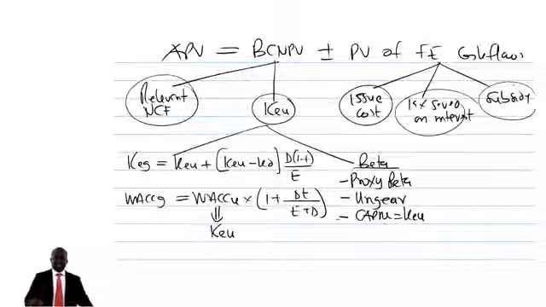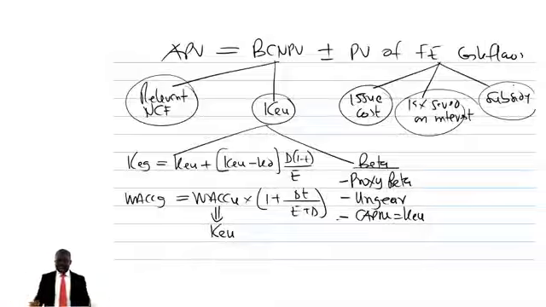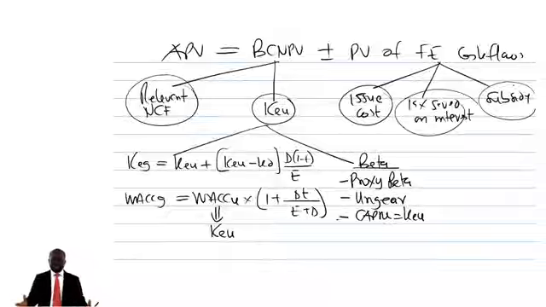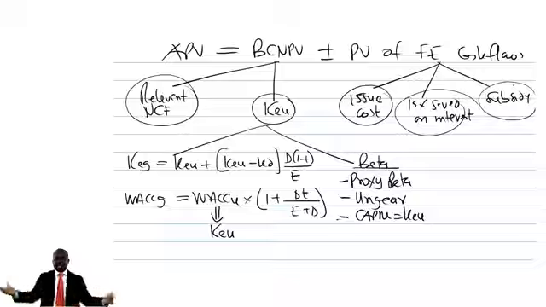The evaluation of the project should flow with adjusted present value. How is it calculated? You calculate the APV. If the APV is positive, the evaluation is saying that the acquisition should go ahead. If the APV is negative, we have to what? Reject it. So that is the case.